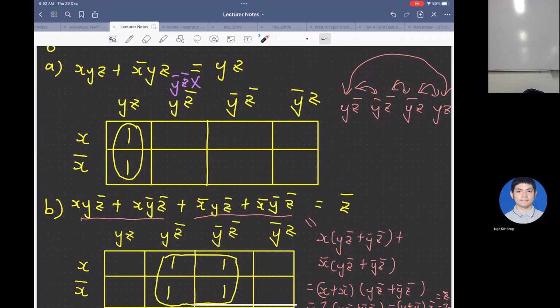So you can see that there's a different way to build this K-map, the table. Sometimes for some function, the block is easier to see for a different K-map. Make sense? The block will be different, corresponding to different K-maps.